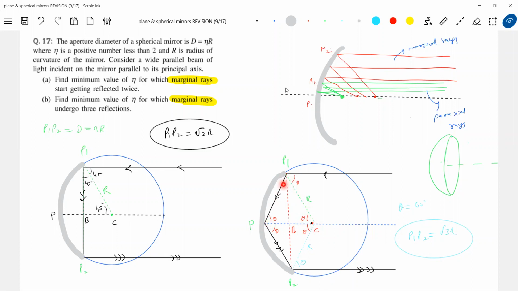That angle will be theta, the angle of reflection. Okay, understood. If this angle is theta, then this distance equals this distance.